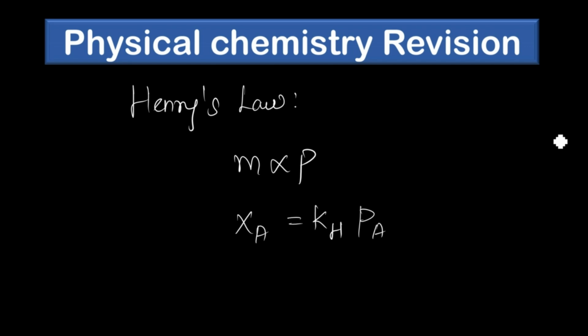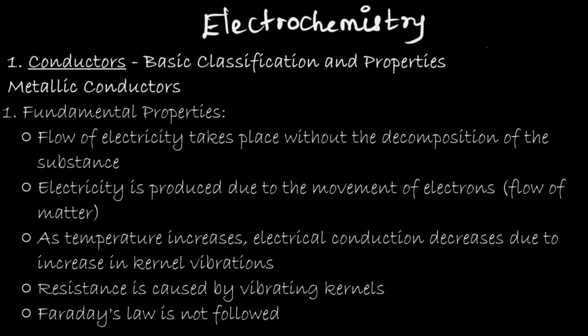Next we are moving on to electrochemistry. Electrochemistry starts with the basic metallic conductors and insulators and electrolytic conductors. For the conductors, we have the basic classifications and definitions which we already know.